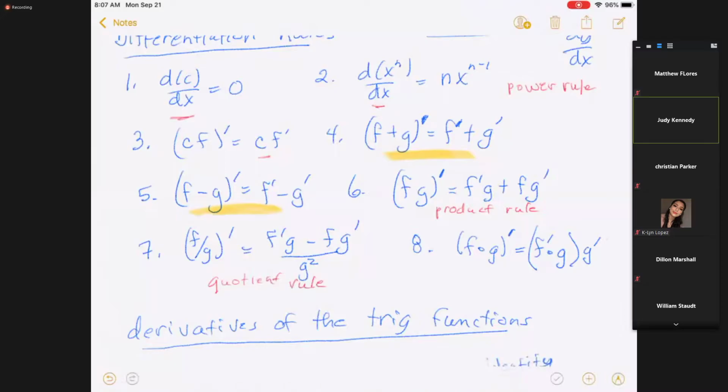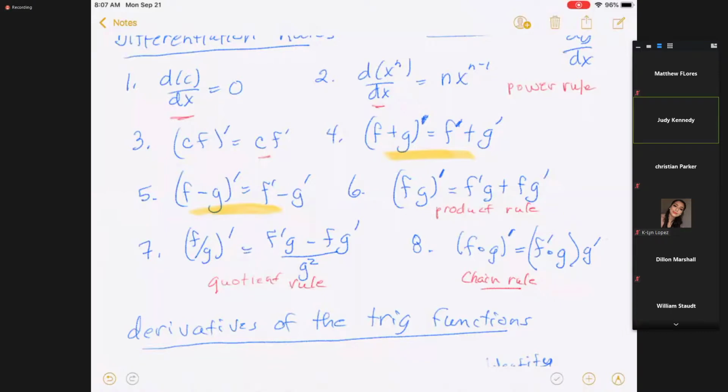And we talked about the chain rule. That's a composition of two functions. That little circle means you take the composition. So g is essentially inside the function f. You have the composition of two functions, f and g.